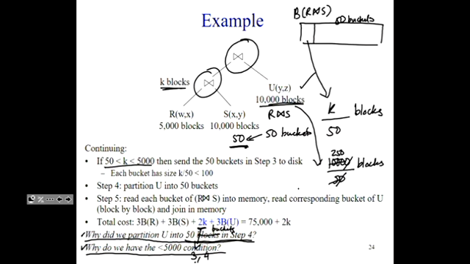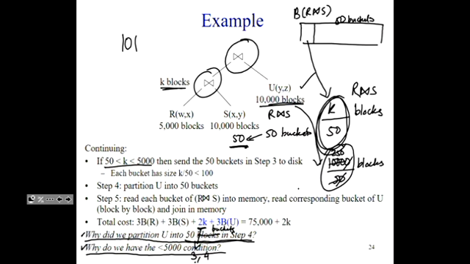Yes? Okay. So I know for a fact that I can't store a bucket of U in memory at a time. My memory is only 101 buffers. Okay? So the only way I can do the second step of a two-pass partition hash join is to store an entire bucket of R join with S in memory and then cycle through the blocks of U for the same bucket.